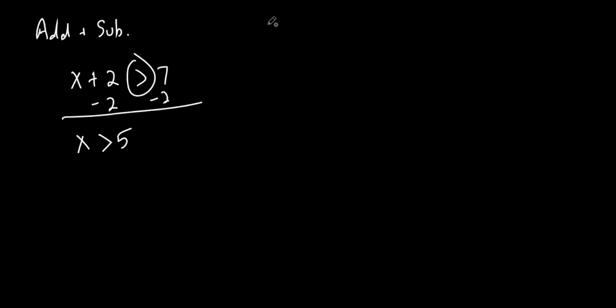Now, for multiplication and division, let me give you this. What if I said x over 3 is greater than 4? Again, pretend that that was an equal sign, just a regular equation. How would I get x by itself?